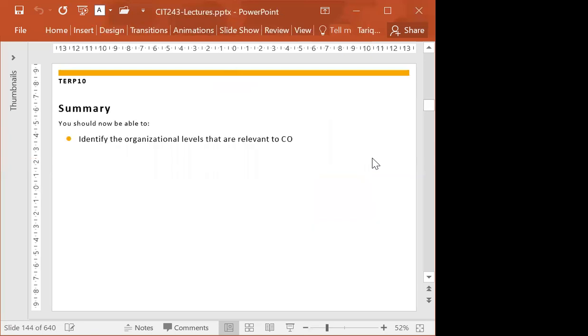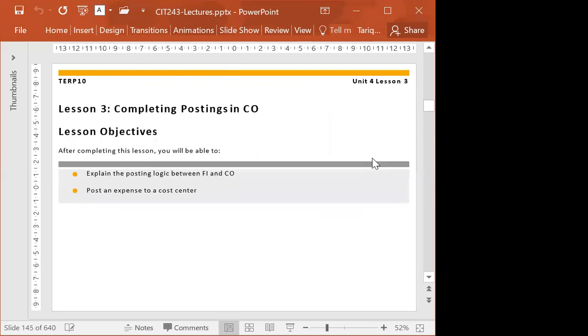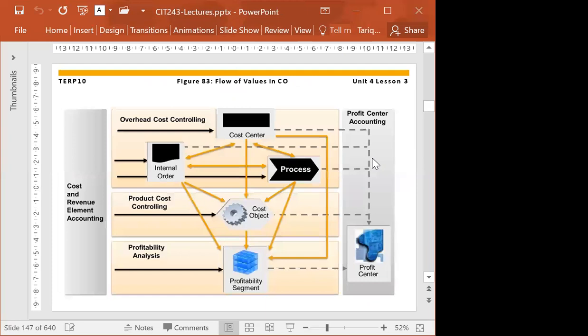So these were the organization levels that we had in the controlling. Now, let's see how values flow from finance to controlling.